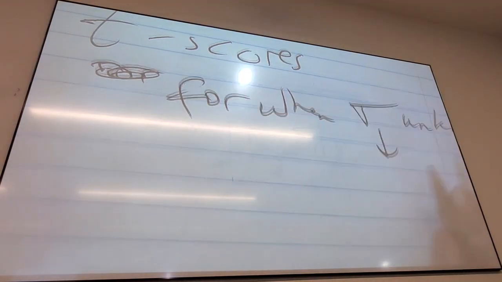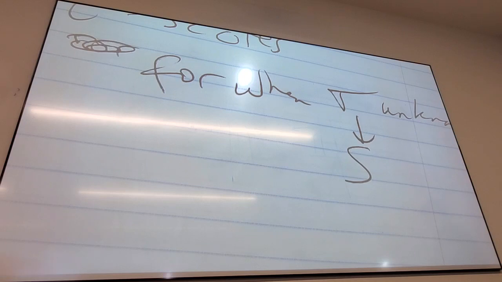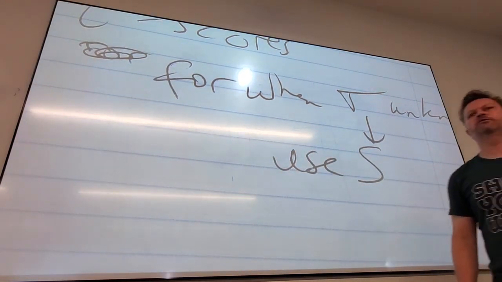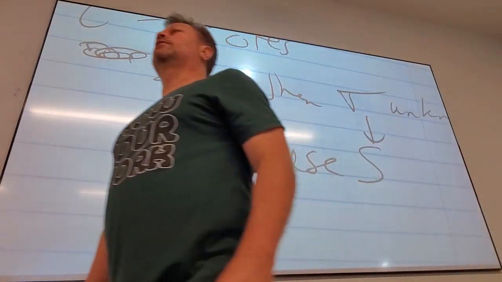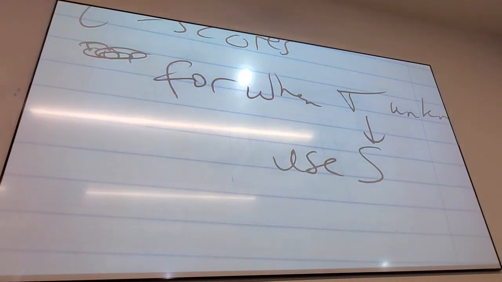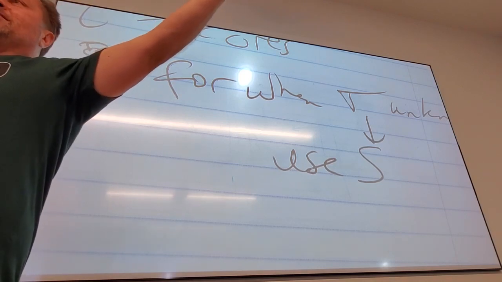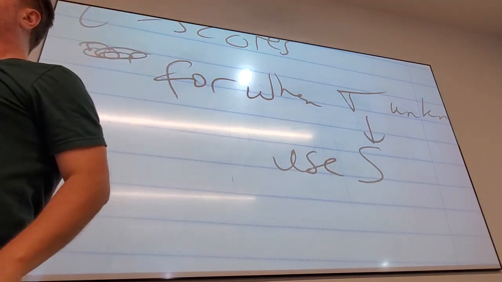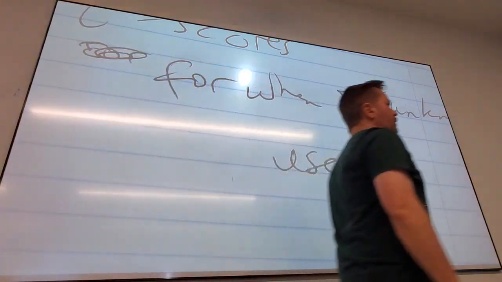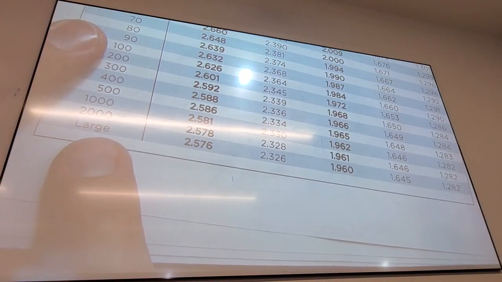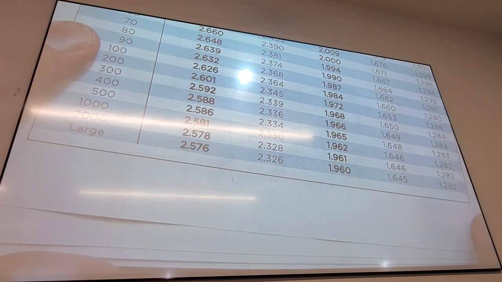If sigma is unknown, we use S, correct? When will S become a better and better approximation for sigma? The larger my sample is. When my sample gets really large, S and sigma will be basically the same thing. So when my sample size is large, I can just go ahead and use z-scores.